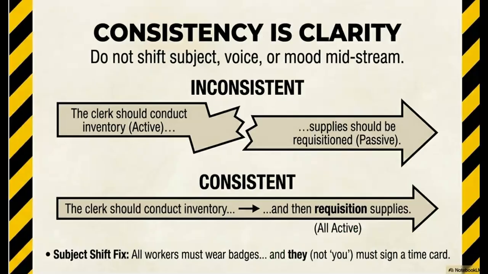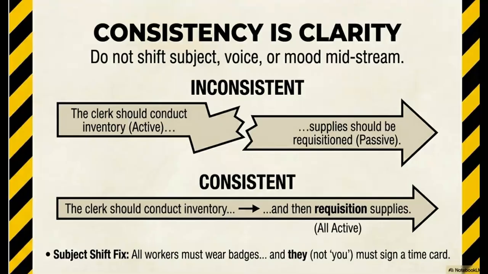And so going back to pillar number 4 that we saw in the first slide, this deals with consistency. So you wouldn't switch up your style in the middle of a sentence. This means if you start with a direct active command like the clerk should conduct inventory, you want to keep that same energy going. So we would say, and then requisition supplies.